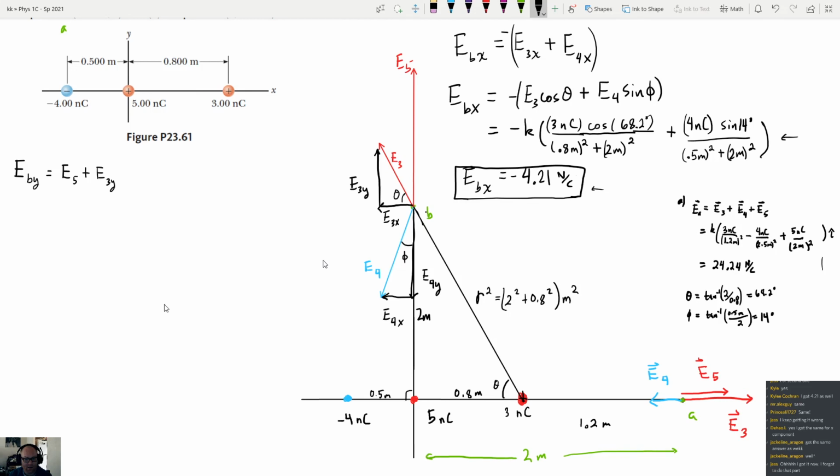Oops, that's minus. Why did I do that? Thinking about something else as I'm writing. Okay, and then for the E4y, that'll have the cosine of phi right here. And we just need to put all that stuff in.